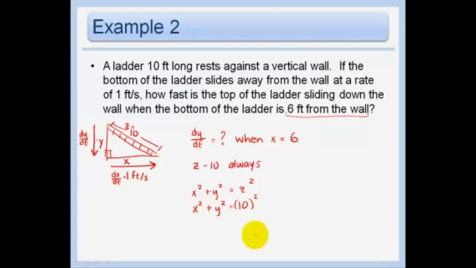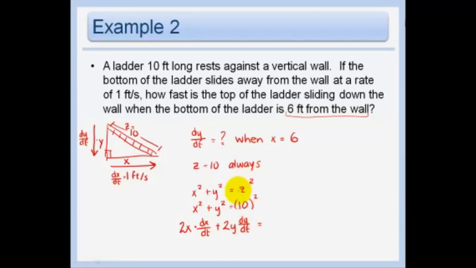Let's go ahead and take the derivative of both sides of this equation. So when we take the derivative of x squared, we get 2x times dx dt. Remember that the x is changing over time, so we must take the derivative of the baby. We're taking the derivative with respect to time here, not with respect to x. Similarly, we would get 2y dy dt.